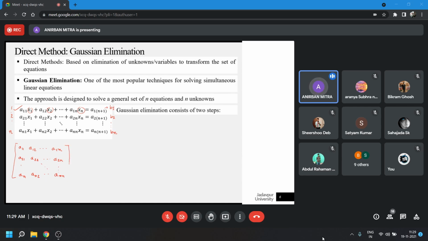So this is a matrix containing all the coefficients of the variables or unknowns. And these variables or unknowns themselves are put in this column vector x1, x2 going up to xn.